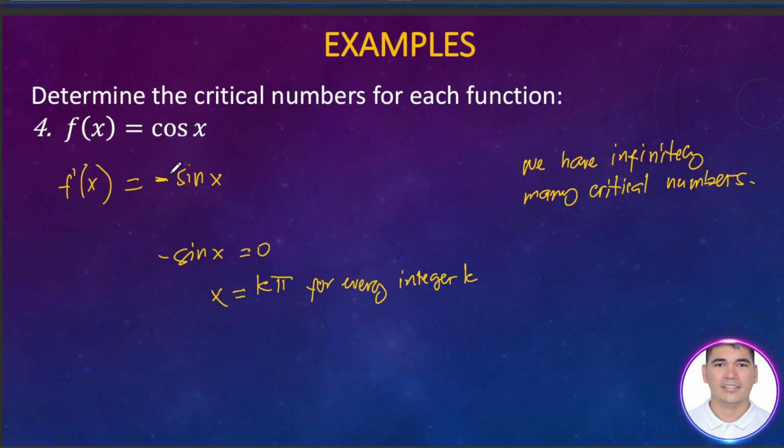That's why we have now an improvement in doing this one using the different theorems and definition. And in this case, we got infinitely many critical numbers. Meaning, f of x equals cosine x, the critical number is equal to 0 or undefined. So, there's a lot. That's why infinitely many critical numbers.